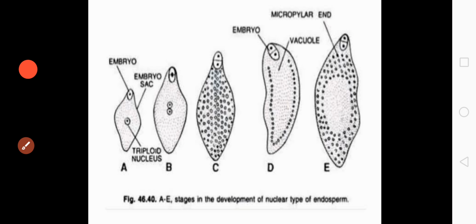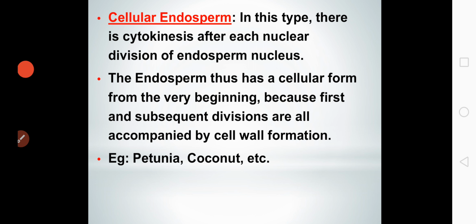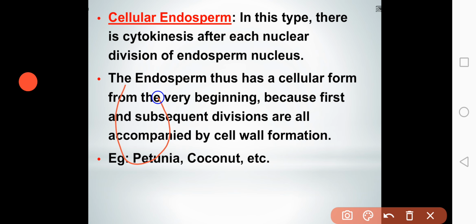Coming to the second type, cellular endosperm formation. In this type, there is cytokinesis after each nuclear division of the endosperm nucleus. So this is the primary endosperm nucleus.